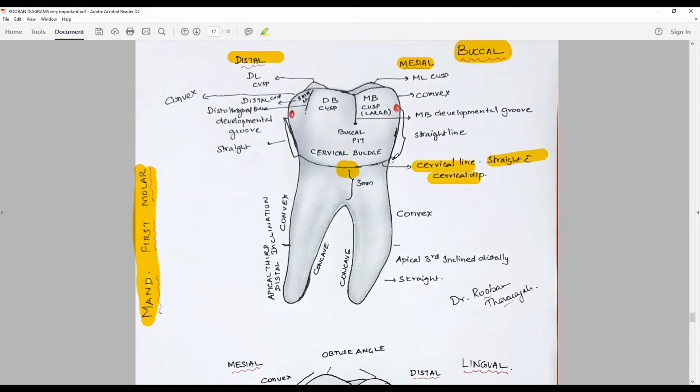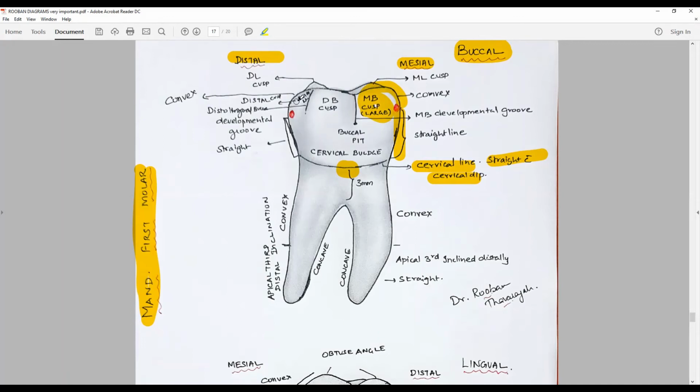Along the mesial outline till the contact area, which is at the junction of the occlusal to middle third, it is a broad area with a straight line, after which it becomes convex and forms the large mesiobuccal cusp. Then the distobuccal cusp is formed.